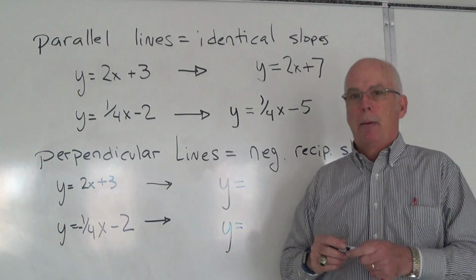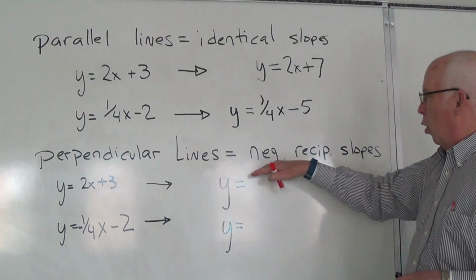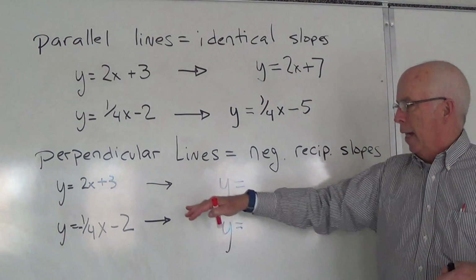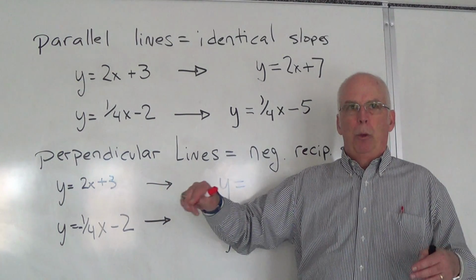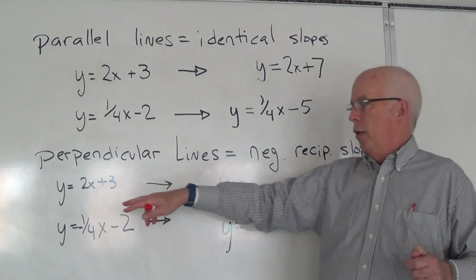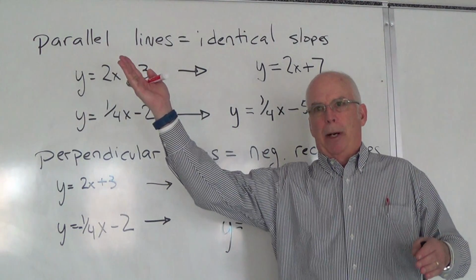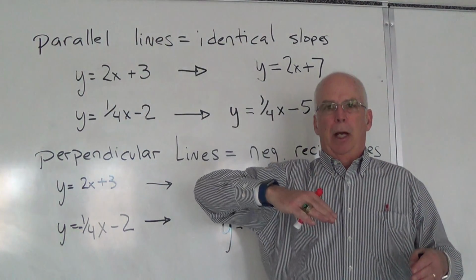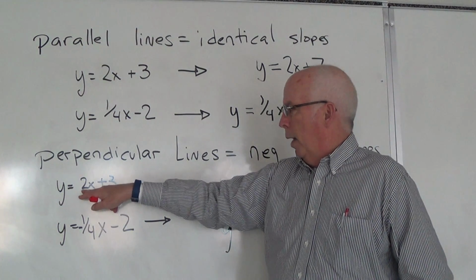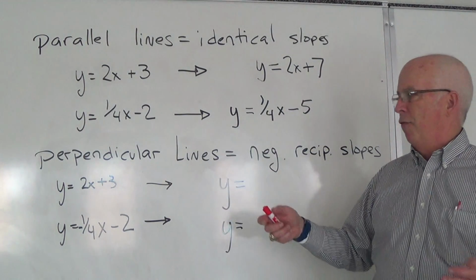Now conversely, perpendicular lines have slopes that are, it's kind of a fancy name, negative reciprocals of each other. And what that means is that you take that slope, you turn it upside down, negative reciprocals, and you change the sign, which makes sense. So if two lines are perpendicular to each other, one of them is going to have a positive slope, its perpendicular counterpart is going to have a negative, and vice versa. So a line, let's say, is perpendicular to y equals 2x plus 3 and has a y-intercept, let's say, of 5.